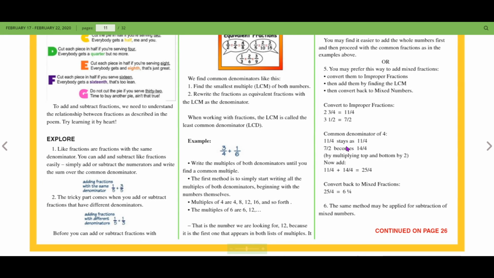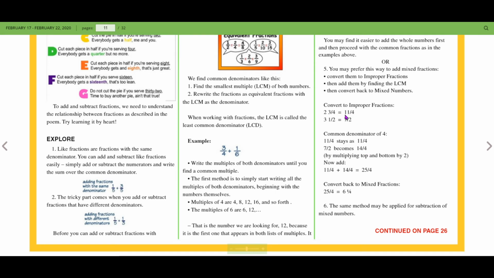What is the common denominator now? So we have 2 and we have 4. The common denominator is 4. So 11 over 4 stays 11 over 4, and 7 over 2 becomes 14 over 4. How? Because we would need to multiply 2 by 2 to make the denominator 4 as well, right?